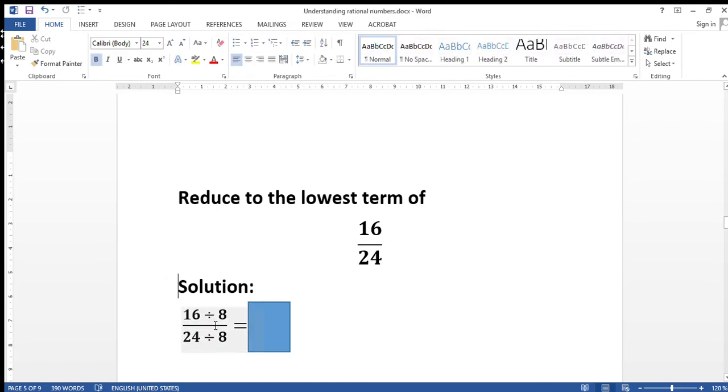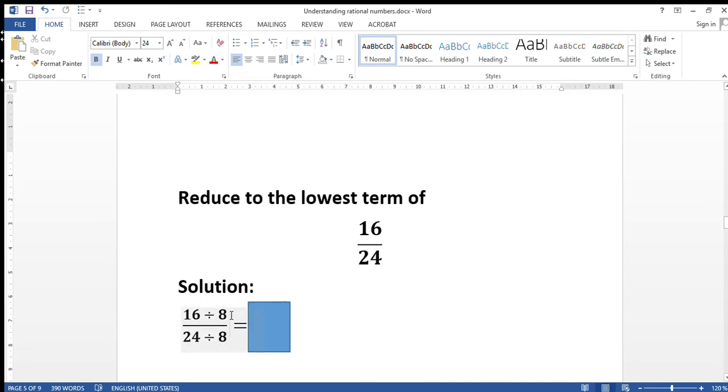That number will be 8. I know some of you are thinking 16 divided by 4. Yes, but after that we can still reduce it to the lowest term. We have to find the largest possible number so that we cannot reduce it any further.